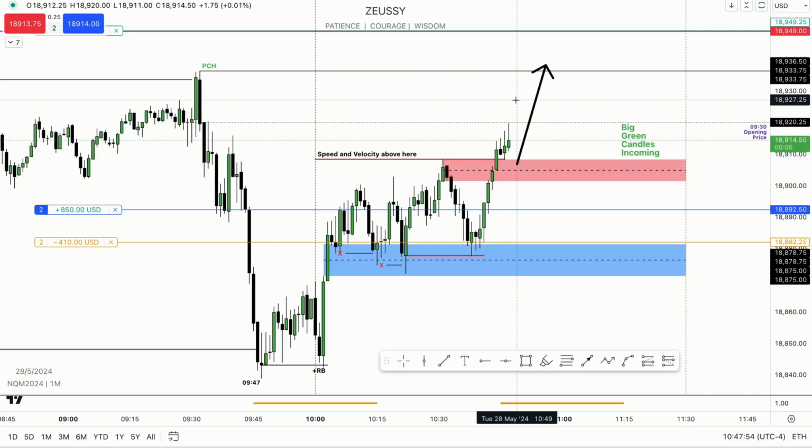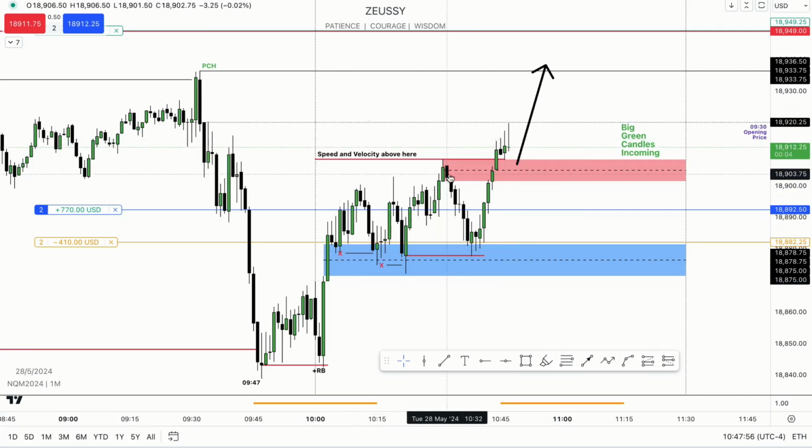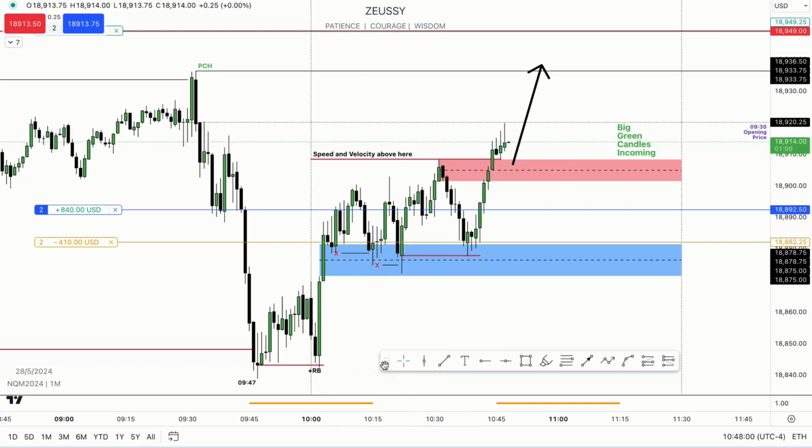I believe it's going to come soon, and as long as we stay above this upclose candle's price range, I think it will come. I like how ES is also following along with Nasdaq, so that's a good sign. I want to see speed and velocity through the 9:30 opening price once we trade through it.